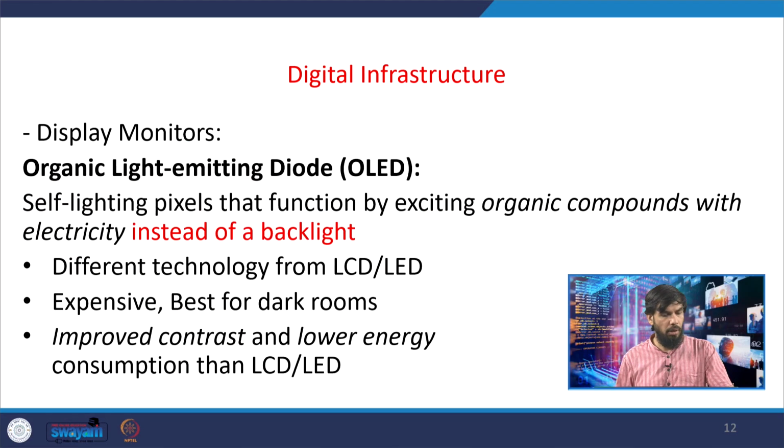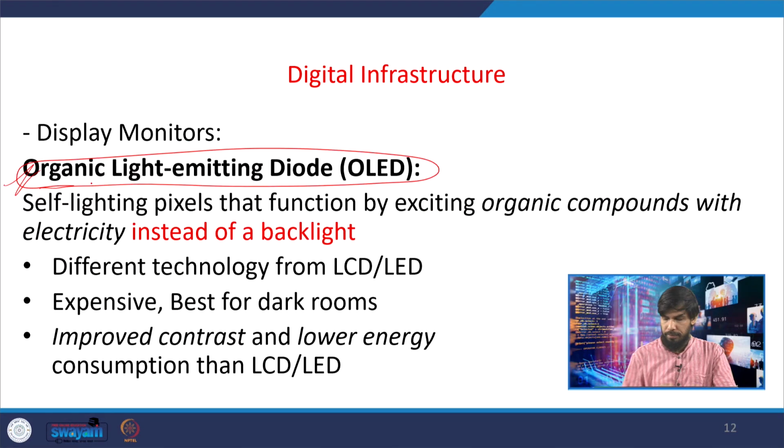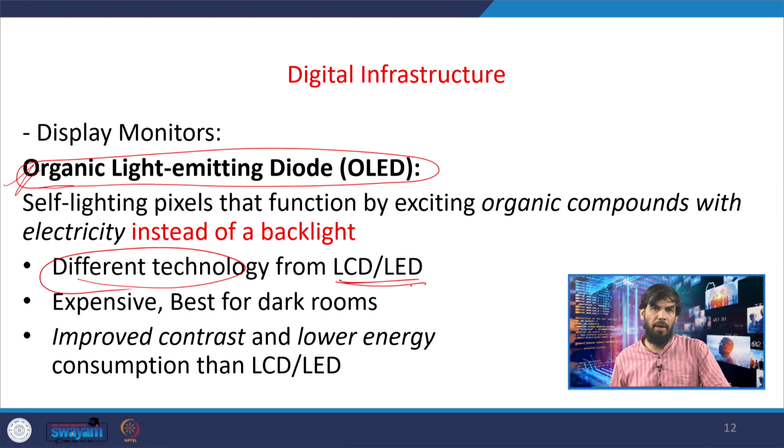Moving on, next is organic light emitting diode, OLED, right. This is a slightly different technology from what we just discussed in terms of LCD or LED. They are self-lighting pixels.